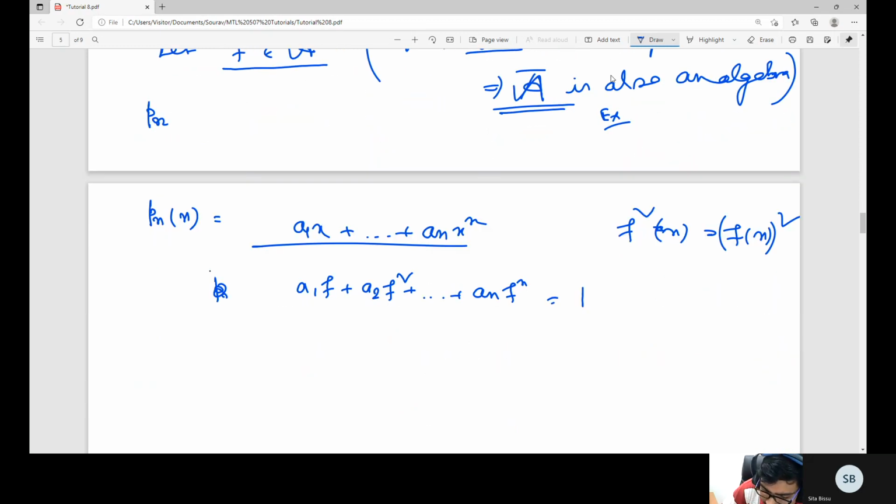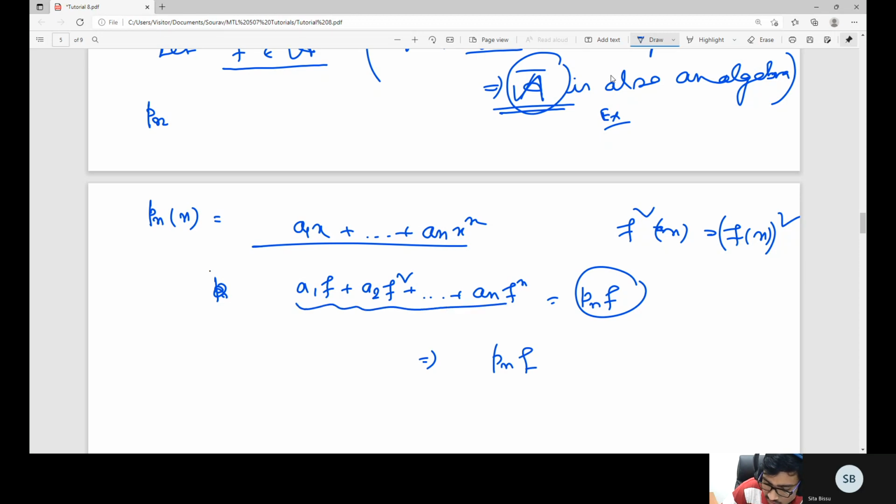Say this function is your p_n(f). Fine. Now since the closure of A is an algebra, this implies p_n(f), this function, is again in the closure.